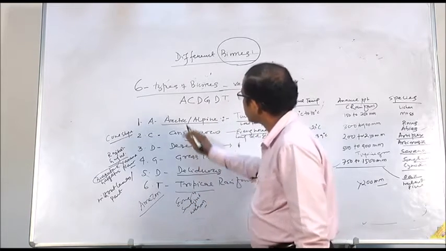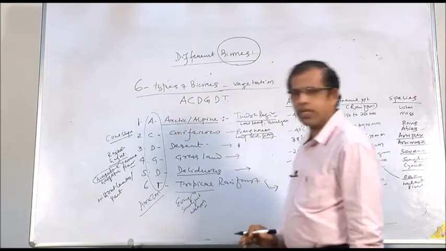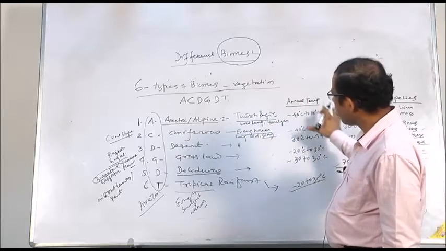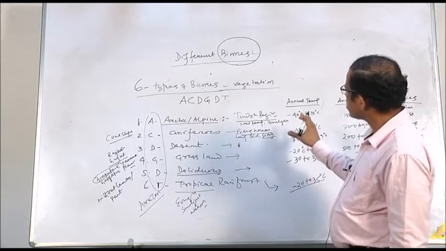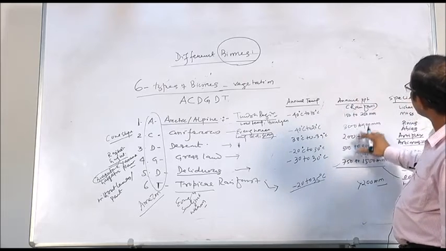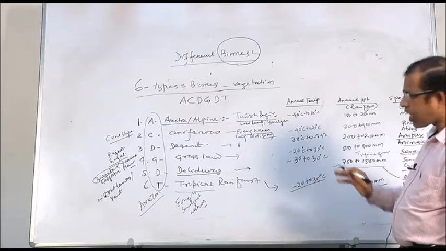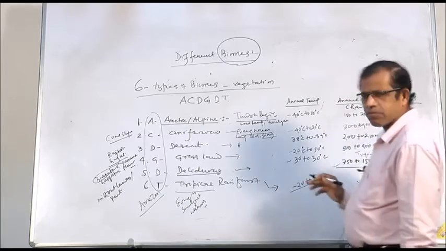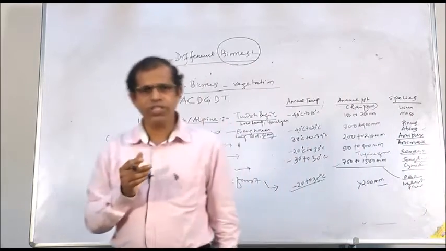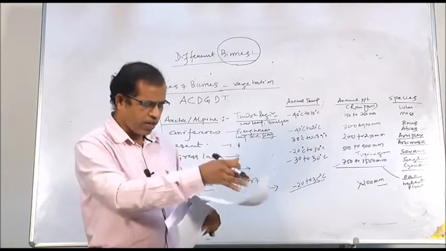So, if you see this sort of vegetation, the variation is particularly because of the rainfall and the annual temperature. That shows how they actually affect the vegetation throughout the earth.